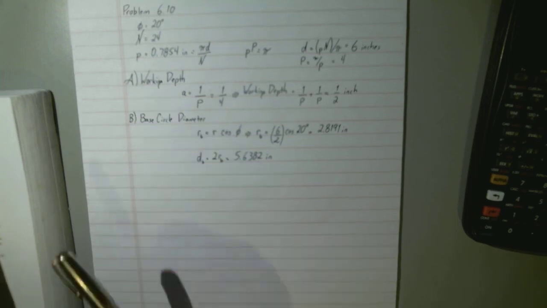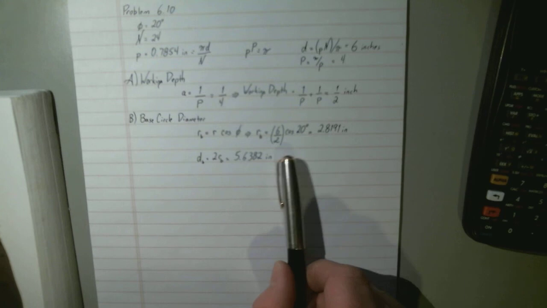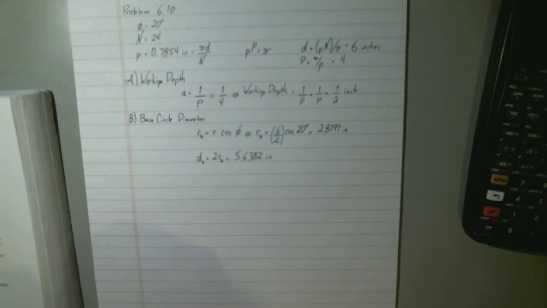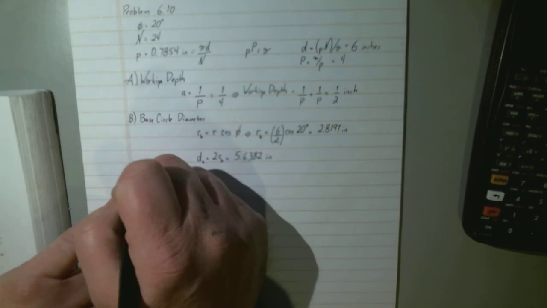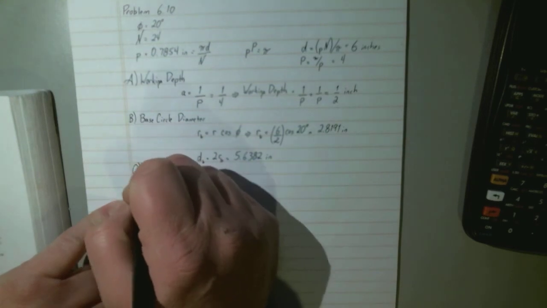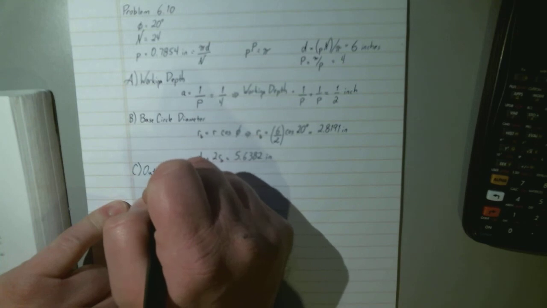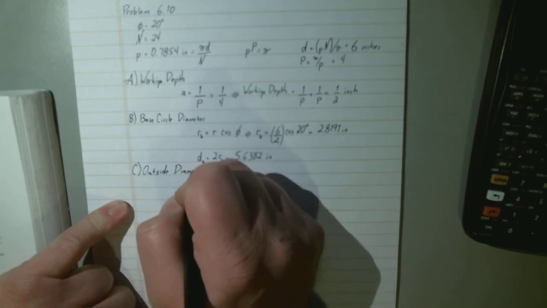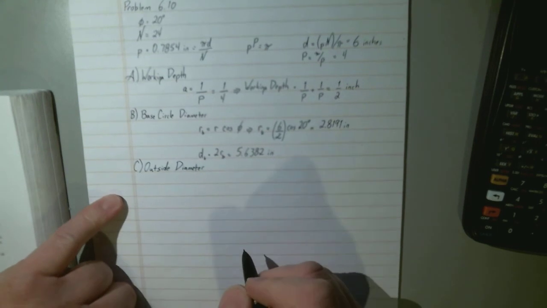We've found the working depth, which is 1/2 inch, the base circle diameter, which is 5.6382 inches, and now we're going to talk about the outside diameter of the gear. So the outside diameter, write this down, is just the diameter of the pitch circle plus, of course, the addendum.